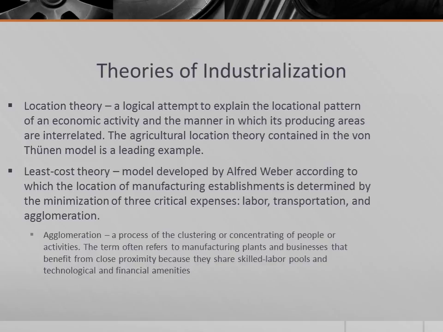Now, first off, what is agglomeration? Agglomeration, another one of our vocabulary terms, we mentioned it earlier tonight, is a process of the clustering or concentrating of people or activities. The term often refers to manufacturing plants and businesses that benefit from close proximity because they share skilled labor pools and technological and financial amenities.